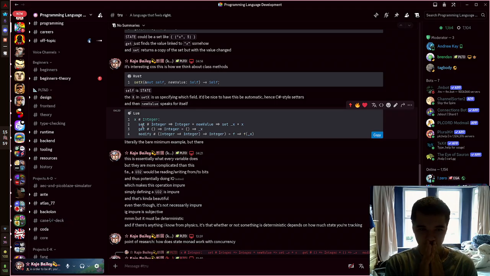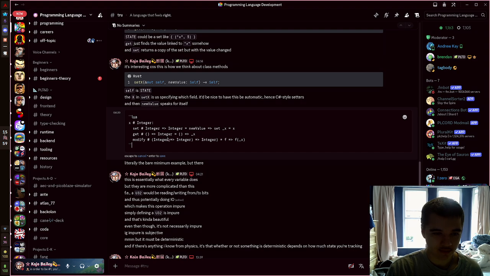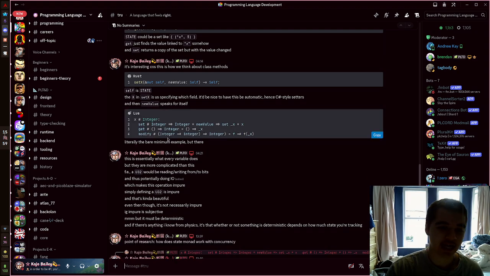And then usually languages will hide the whole setting, getting, modifying kind of thing, but you could make it explicit, like this. So here, what I have is my integer type comes, well, I say integer type. All types in this language come with 3 functions.